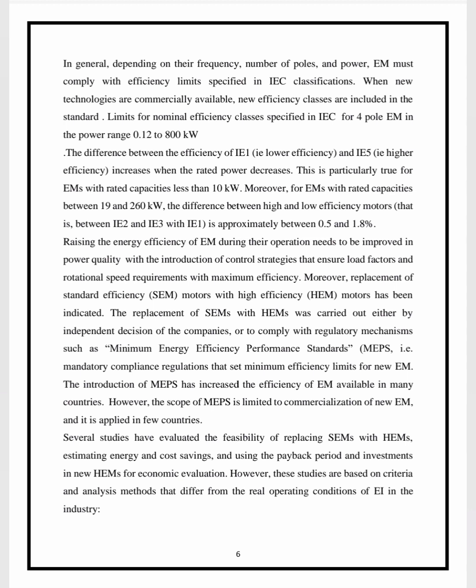Moreover, for motors with rated capacities between 19 and 260 kilowatt, one is of high efficiency and the other of lower efficiency. The difference between IE2 and IE3 with IE1 is approximately between 0.5 and 1.8%. These are the efficiency percentages of these motors.